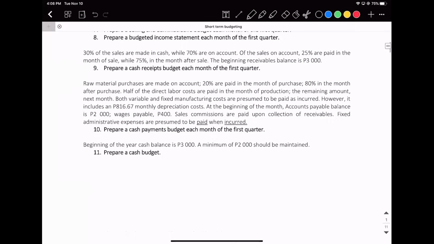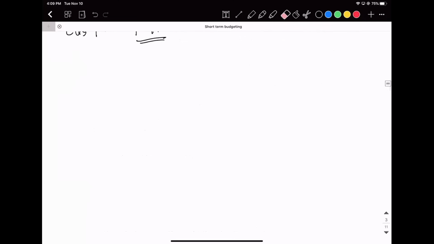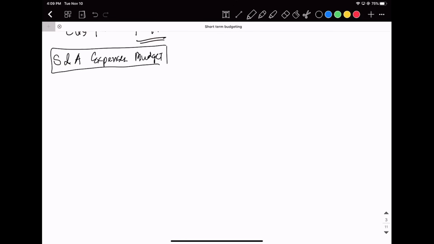Sige, gawa tayo. Ito, selling and administrative expenses budget. Okay. So, January, February, and then March. So, what is our starting point?